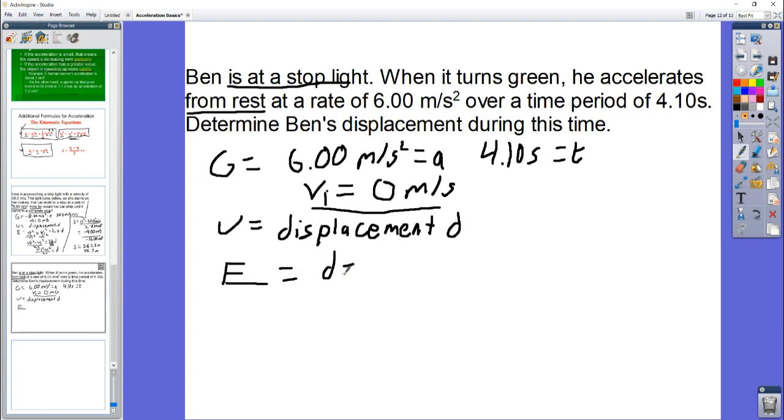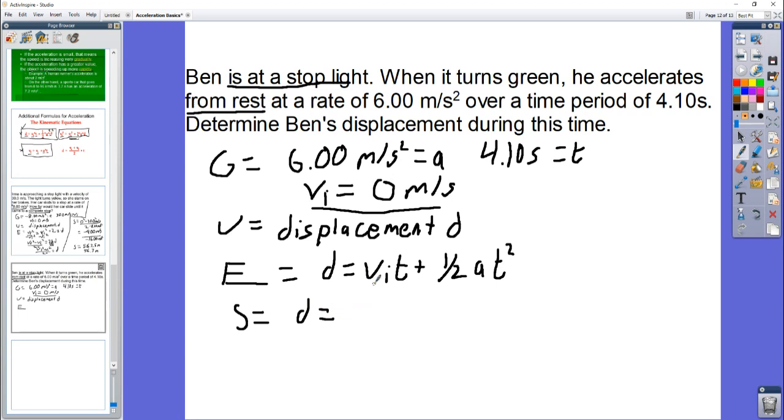So, displacement is equal to V sub I times T plus 1/2 acceleration times time squared. All right, and this one's even easier because it is literally already set up to look for displacement. Yay!